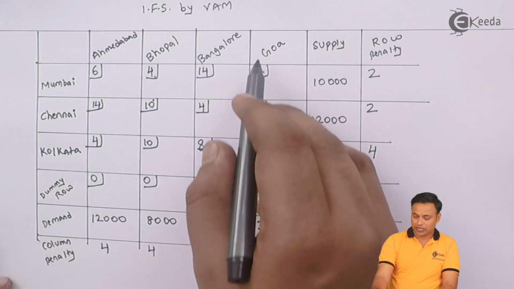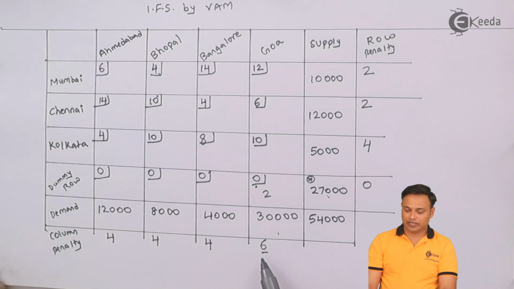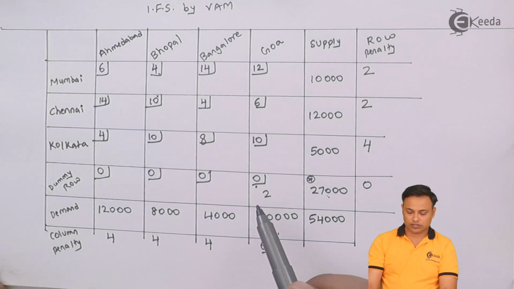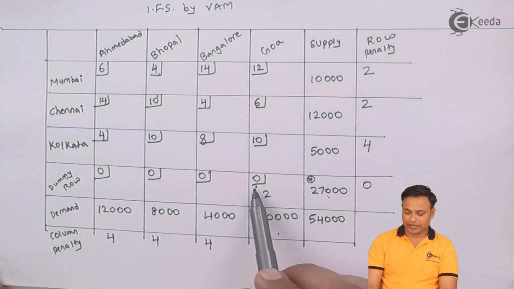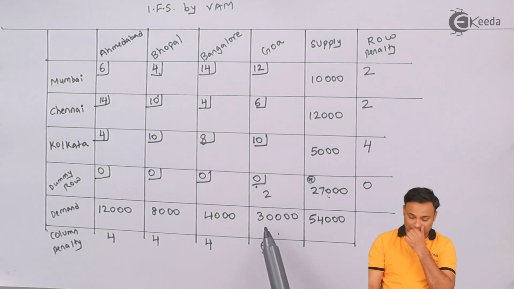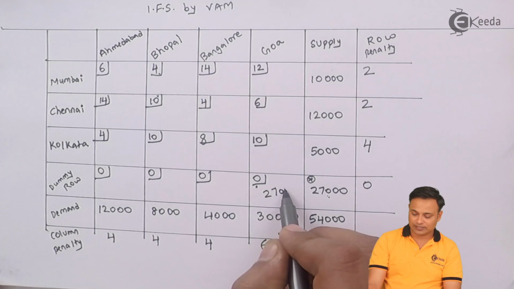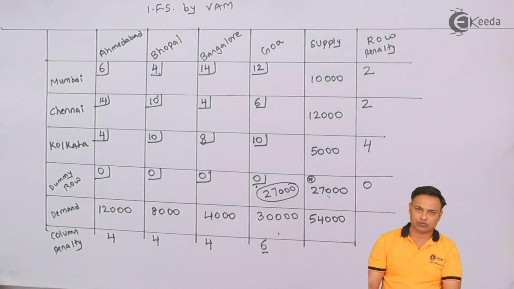So in this particular column, which is my lowest cost? 0. How much is my supply? 27,000. We have the highest penalty at 6. The lowest cost is 0. At this particular cell, my supply is 27,000 and my demand is 30,000. So 27 or 30, whichever is less, it comes to 27,000.